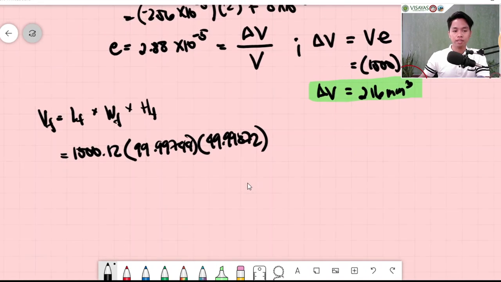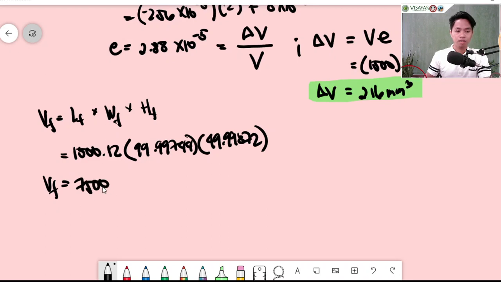So therefore, what is the final volume? It would be 1,500.12 times 99.99744 times 49.99872. That would be 7,500,215.974 cubic millimeter. So that is our final volume.